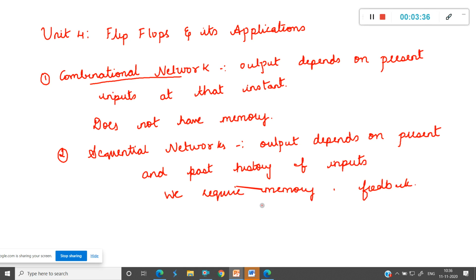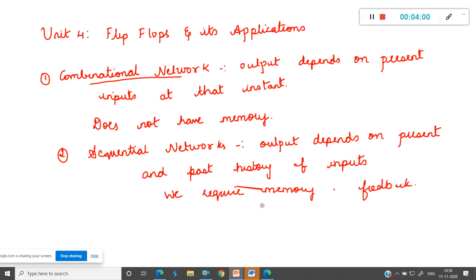Here a sequential network can be defined as a two-valued network in which the output at any instant is dependent not only on the present inputs at that instant but also upon the past history, or the past sequence, of the inputs. Now we need to preserve this past history of the inputs.